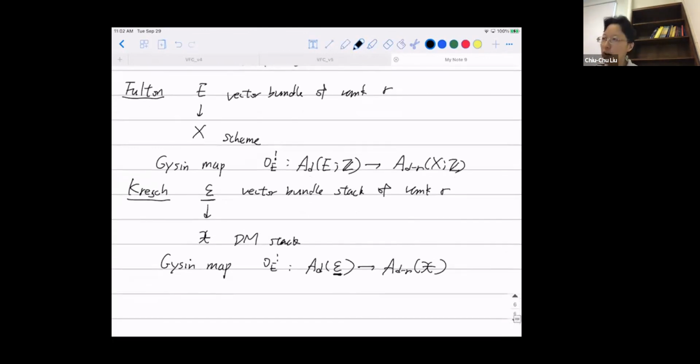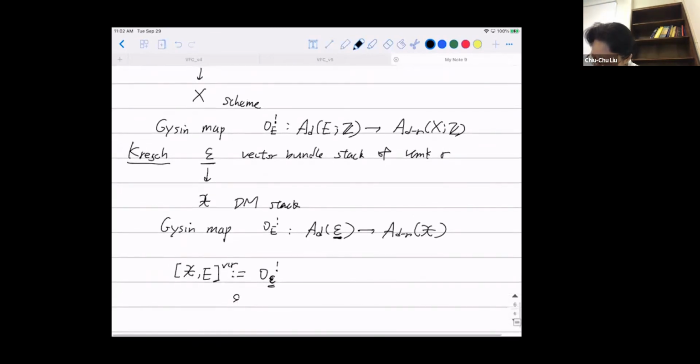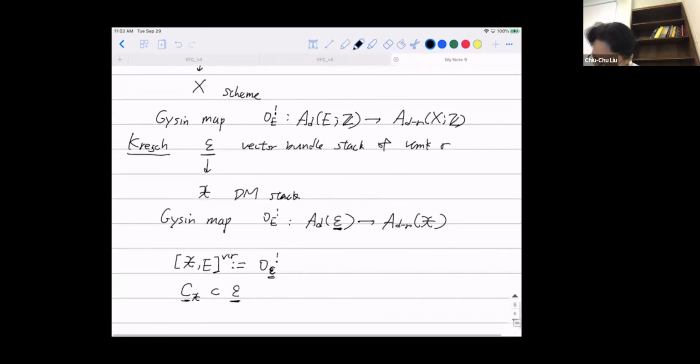Once we have this, the virtual fundamental class is defined as follows. Recall that the intrinsic normal cone of X, this closed embedding, has pure dimension 0.